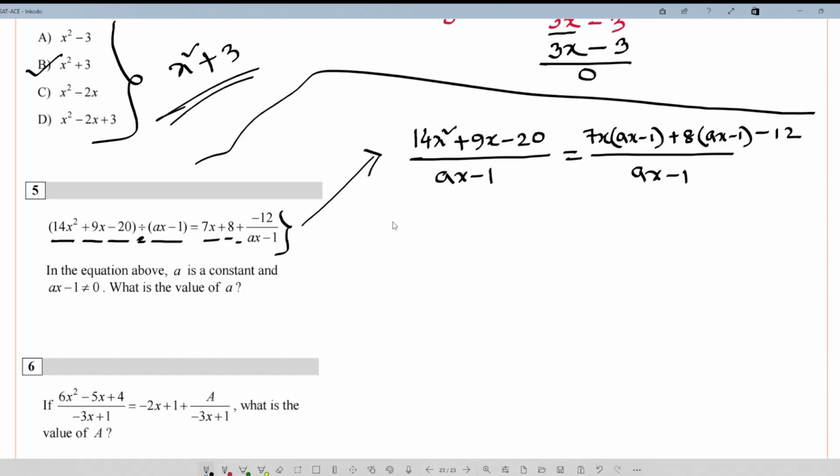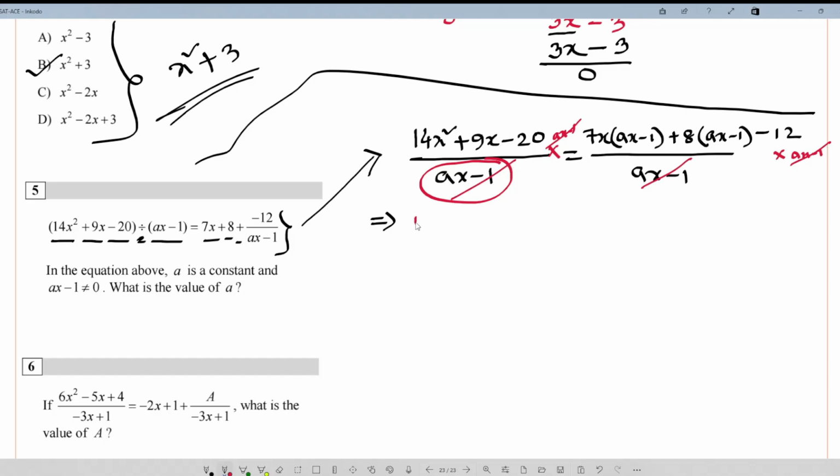Okay, now we can multiply both sides by ax minus 1. Once we multiply, ax minus 1 and ax minus 1, this one and this one, this one and this one are out.